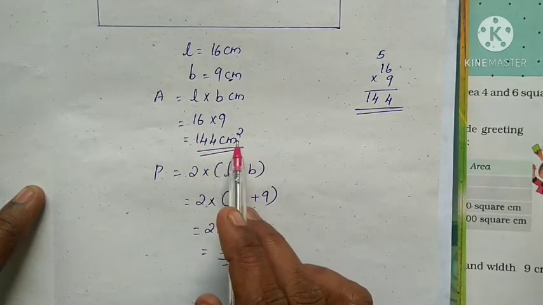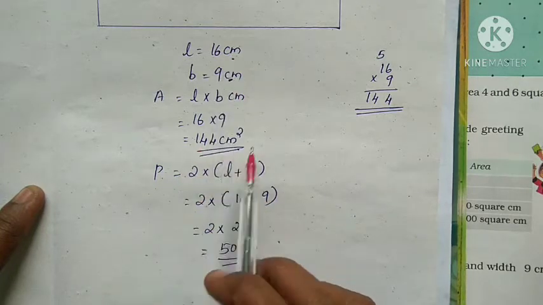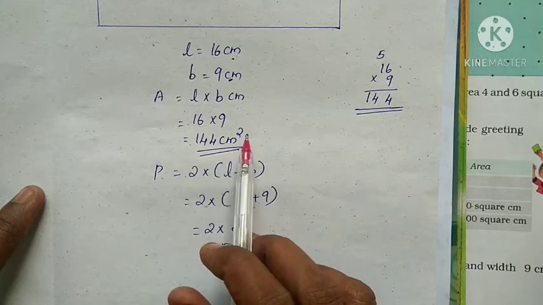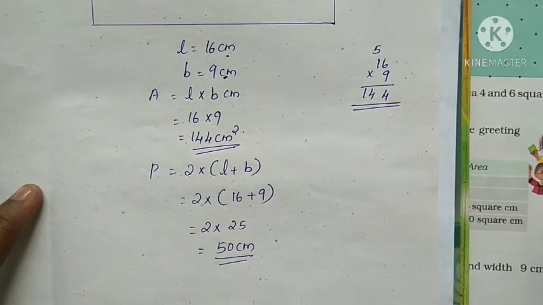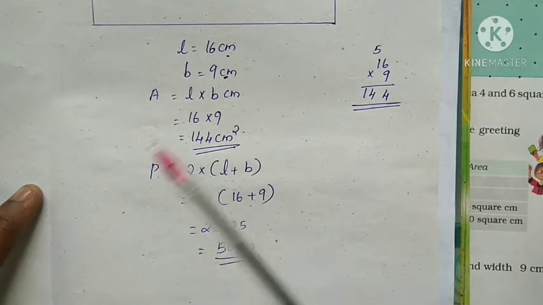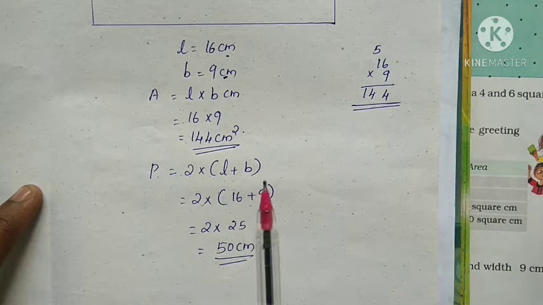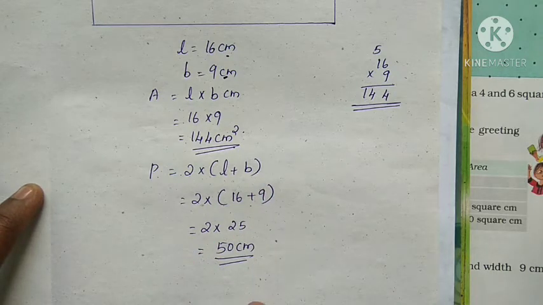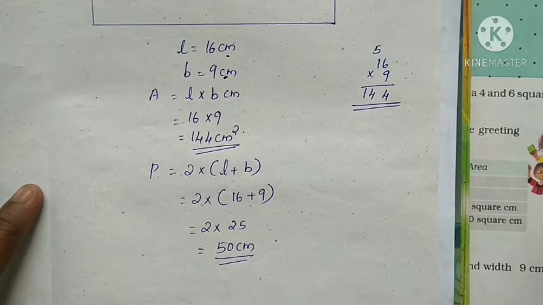But in area, we have to use the square unit. So, which unit is given here? Centimeter. So, square centimeter, otherwise centimeter square. Understand? This is the way we have to find out the area and perimeter. If we know the length and breadth, otherwise the side of the figure, we have to use the formulas and find out the area and perimeter. Understand? Then move to the practice time question.